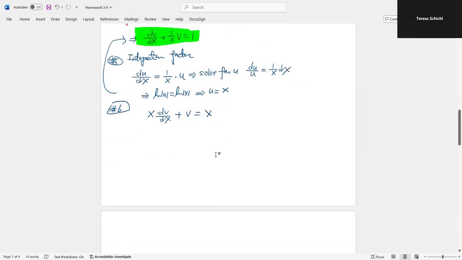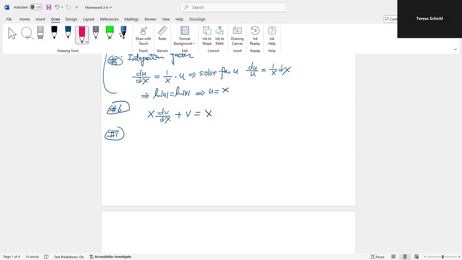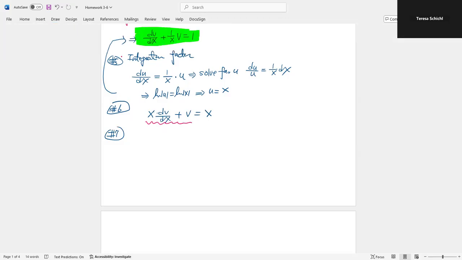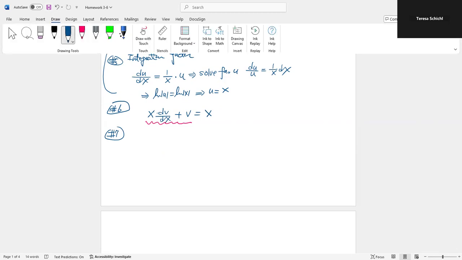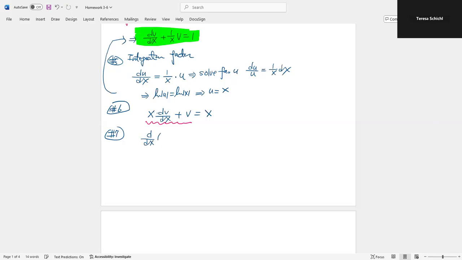Now remember, these terms here will become a product rule for a function. We still remember this one will be d/dx of the product xv. So you take the derivative of xv. Here the product rule gives x dv/dx plus v dx, equal to x.